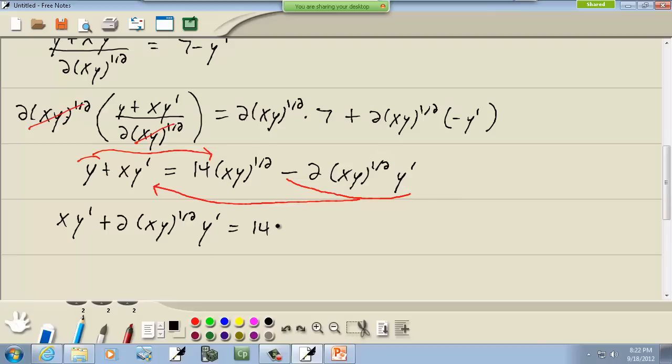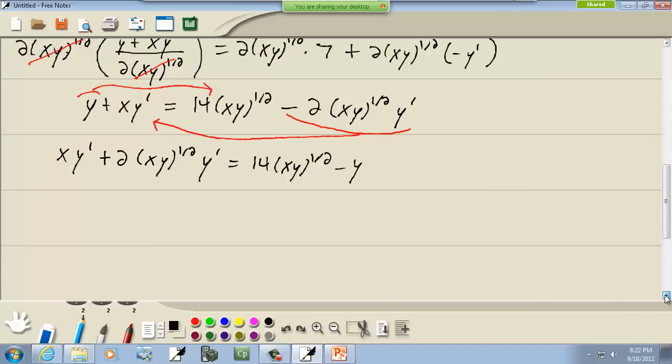The y becomes a negative y. Okay, we're going to factor out a y prime. That gives us x plus 2 xy to the 1/2 equals 14 xy to the 1/2 minus y.